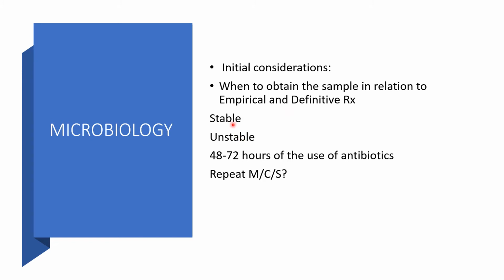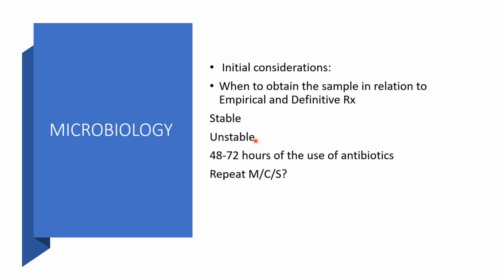For a stable patient, you can take the sample before giving any antibiotics or before starting any empirical treatment. But for the unstable patient, if you can do it quickly enough, obtain the sample, but don't keep the antibiotics away because you want to obtain the sample.